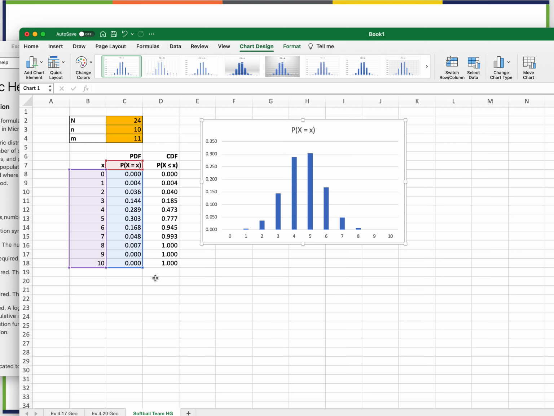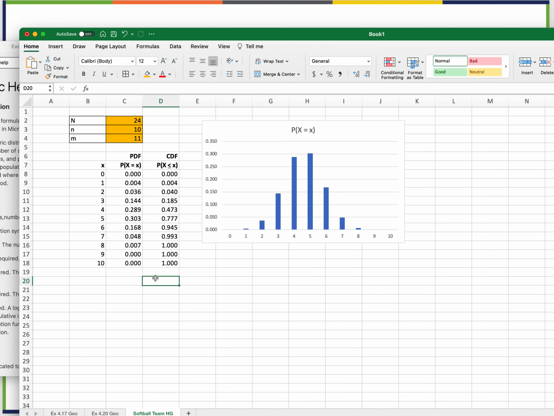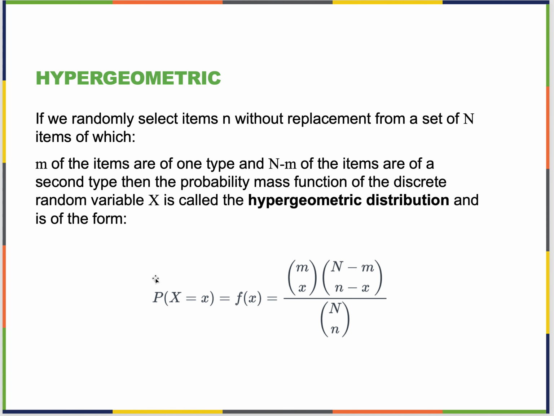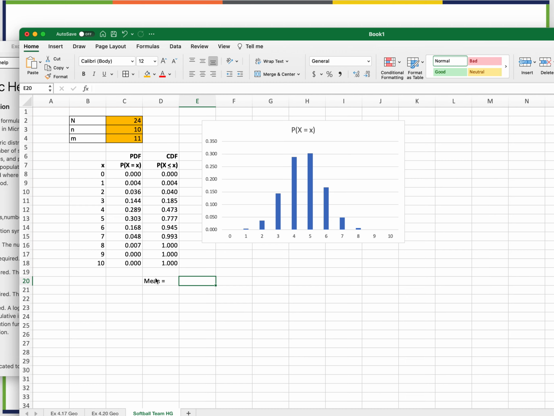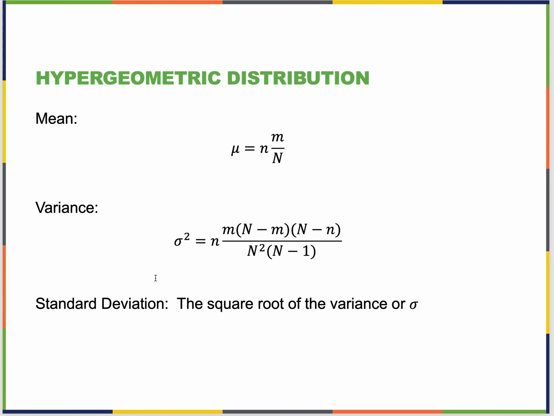And let's say I'm only interested really in the mean here. So let's say the mean is what? I don't remember. N times M over large N. So what are we talking about? N and M. N is 10, M is 11, divided by 24.